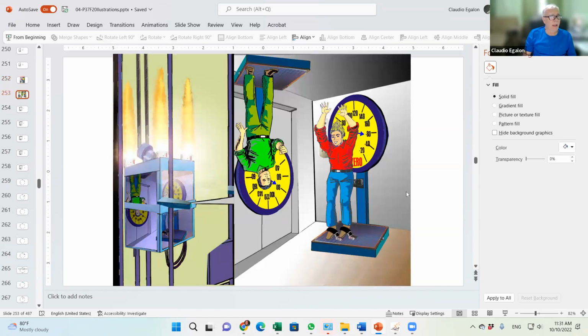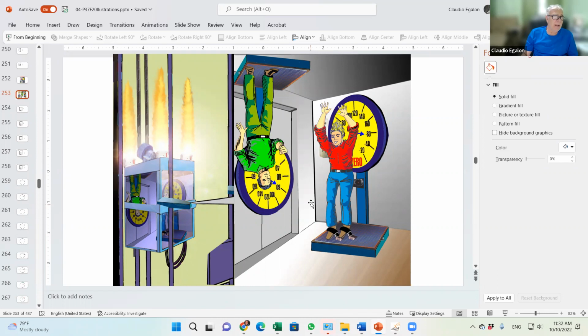But you can also have the situation in which the elevator is accelerated downwards, not at 10 meters per second square, but let's say at 20 meters per second square. In this case, your weight becomes negative, starts pulling you upwards, so much that you can stand on the ceiling of this elevator.